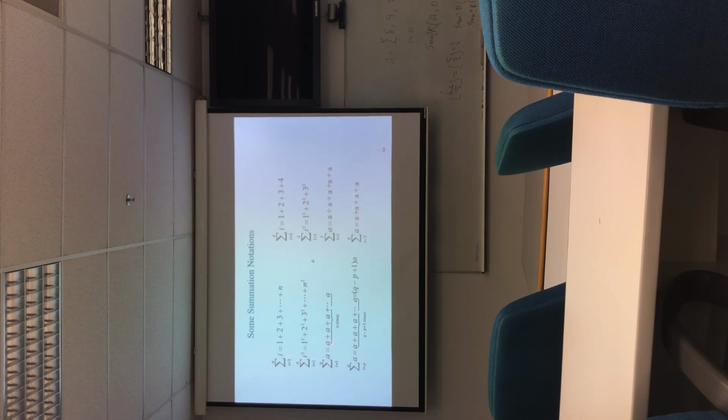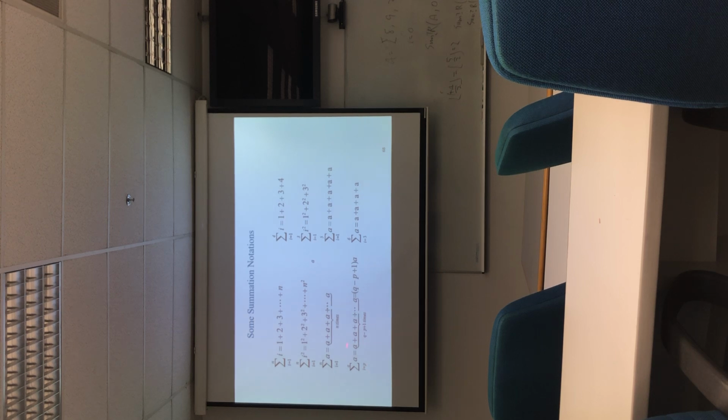That means the first term is a, the second term is a, the third term is a, until every term is a. Since it goes until n, there are n terms. For the basic example from 1 to n, there are n a's added up together. This summation means n a's added up together. Okay? And likewise for this case and this case.